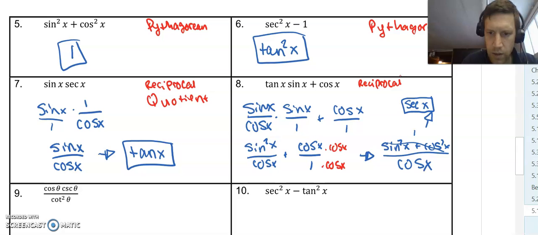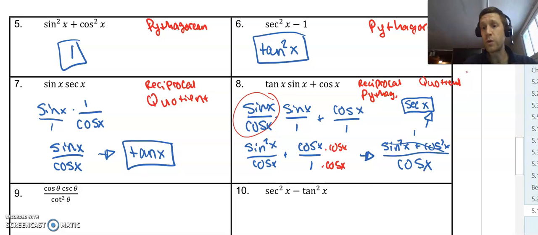Then we did Pythagorean identity. And then the last one was reciprocal. This one was our quotient. So we did quotient as well. So I used all 3 types there.